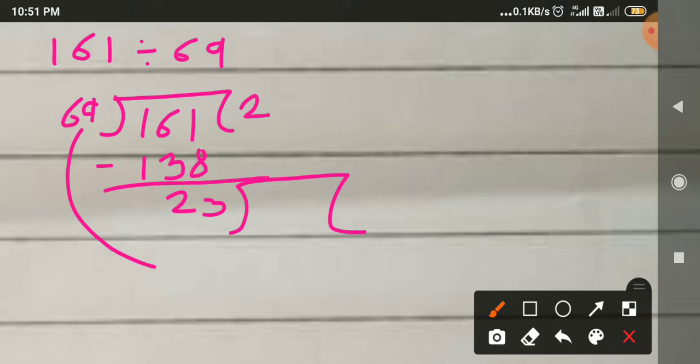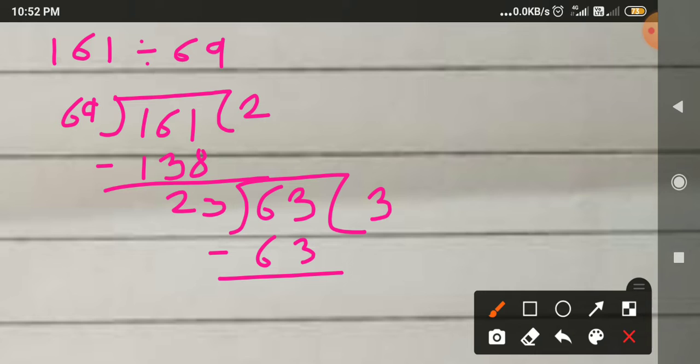Next, this 69 we have to write at this place. So write it here, 69. You know that 23 ones are 23, 23 twos are 46, and 23 threes are 69. So write 69 here, and you will get the answer 0.